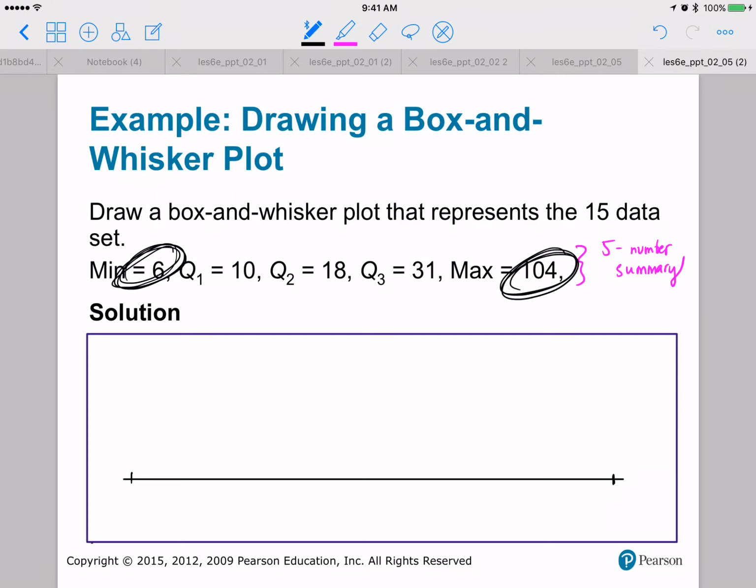So I need to get up to let's just say 110. And I'm going to start at 0. And now what I'm going to do is I'm just going to go by tens. 10, 20, 30, 40, 50, 60, 70, 80, 90. This is 100. I change that to 100. And then one more for 110. Okay, now that I've got my scale, it'll be easier for me to draw.